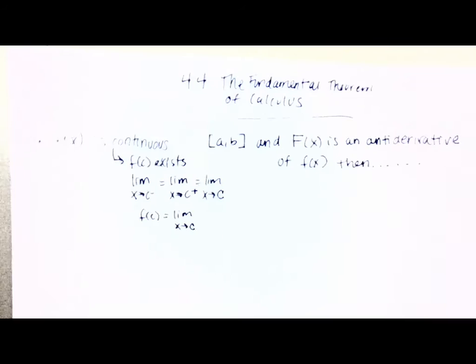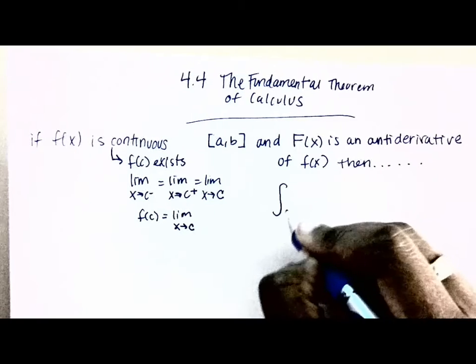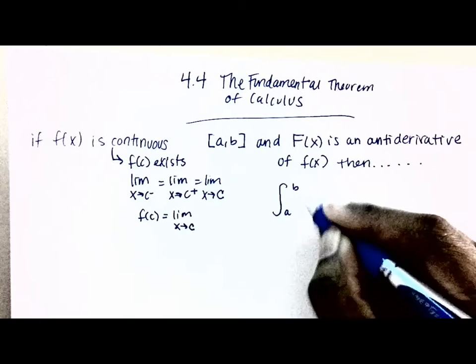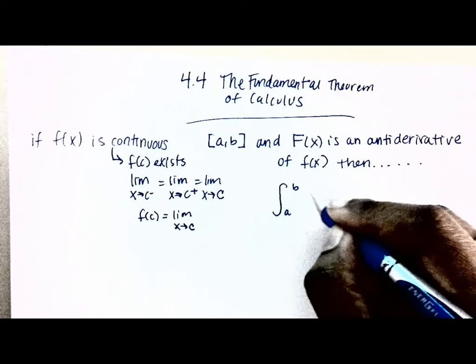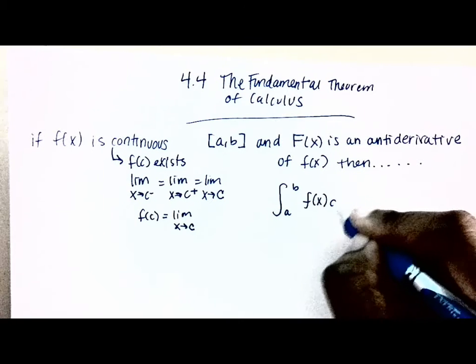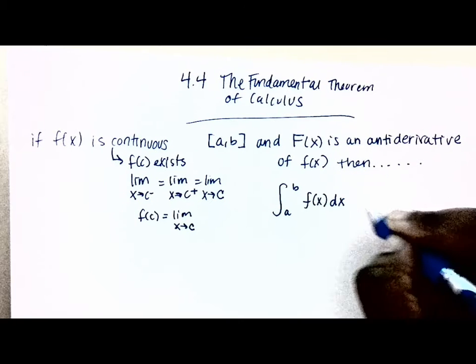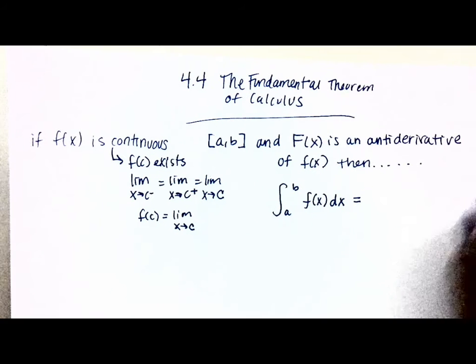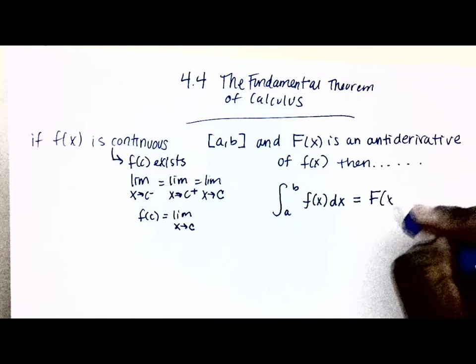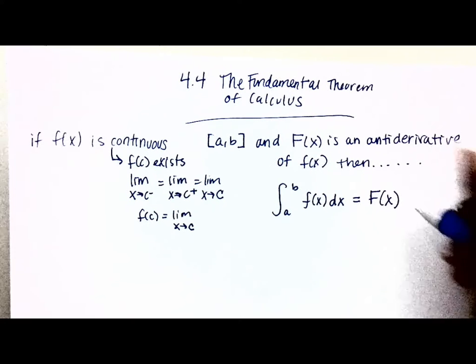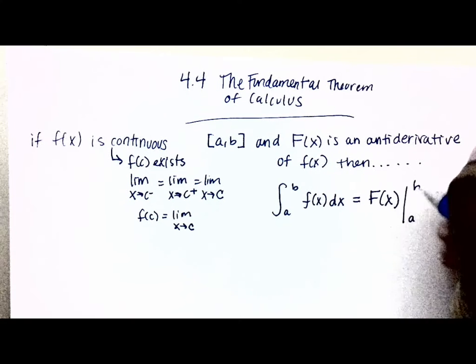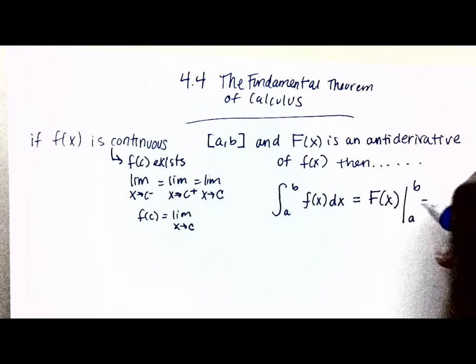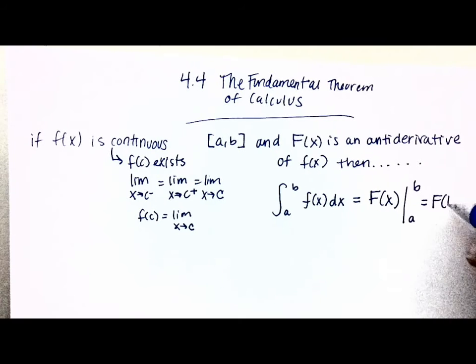Dun dun dun. The integral from a to b, see we have limits of integration now, of f of x dx equals big F of x from a to b, which equals F of b minus F of a.